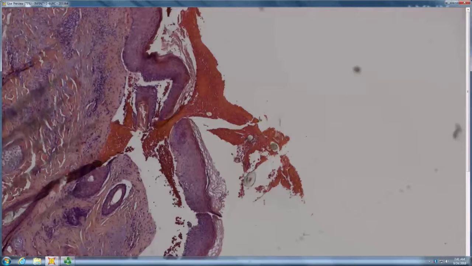So one of the things you would think of there would be Brunsting-Perry, which is cicatricial pemphigoid that's not mucosal at all. It's usually localized to scalp.